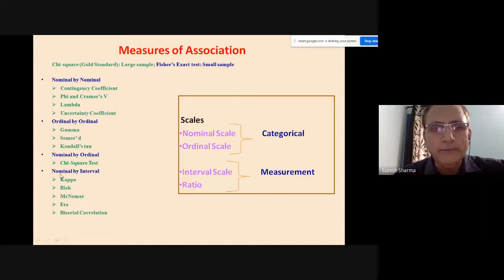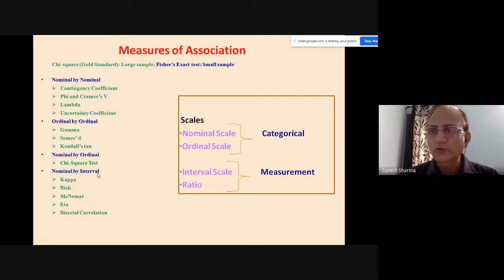And if you have nominal by interval or ratio, which is one and the same thing. Nominal means just like gender. Interval means blood pressure, which is on an interval scale, or temperature, also an interval scale. In such a situation, again, do not use chi-square.